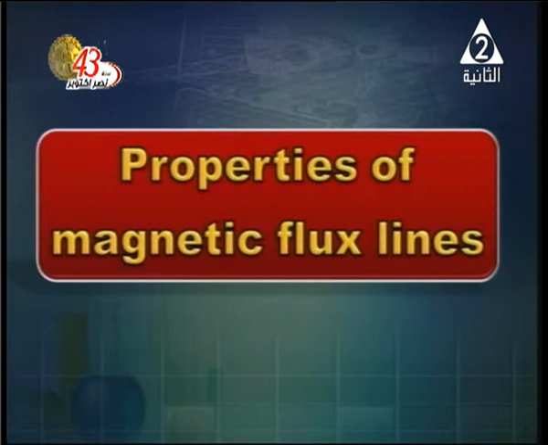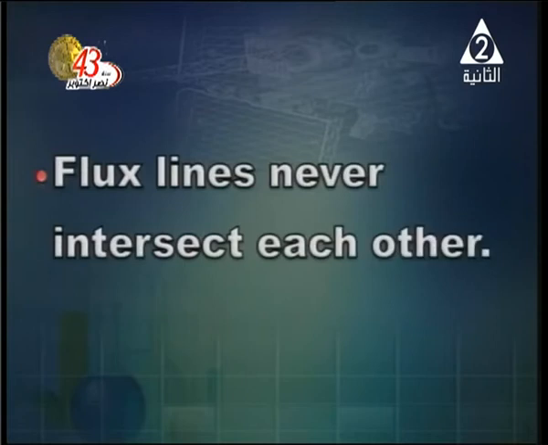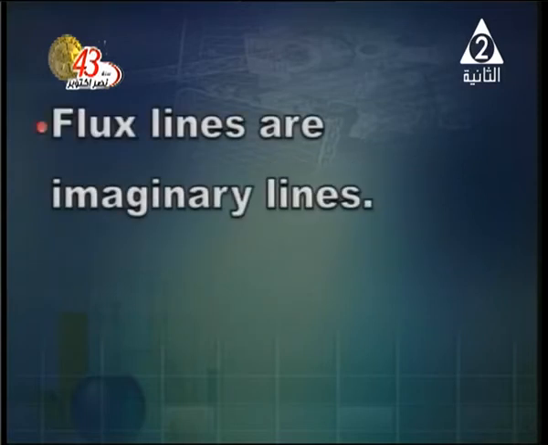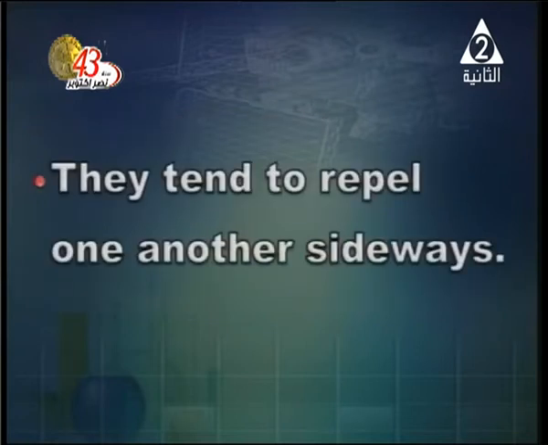Now talking about properties of magnetic flux lines. Flux lines never intersect each other. Also, flux lines are imaginary lines. They tend to contract, they tend to shrink.